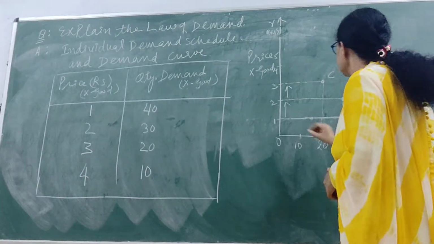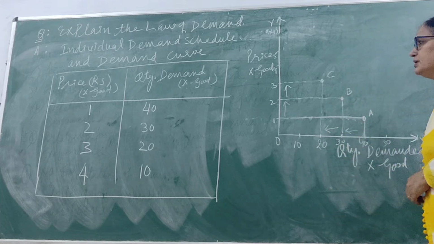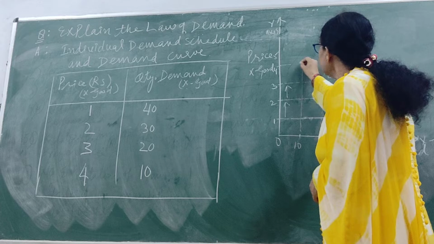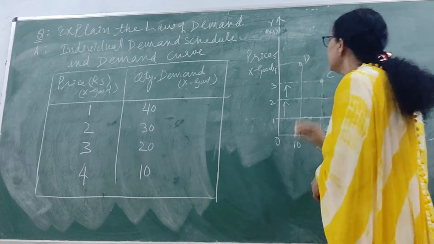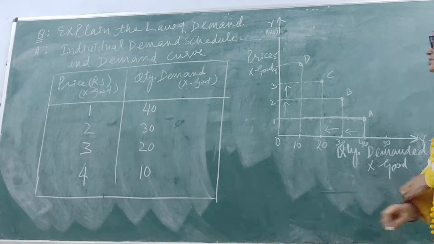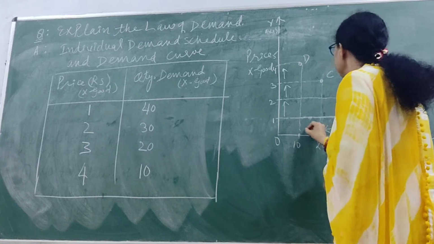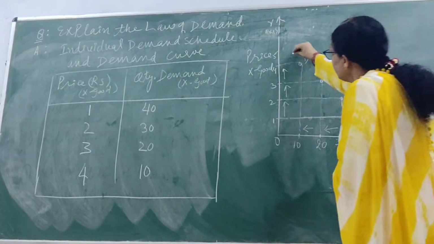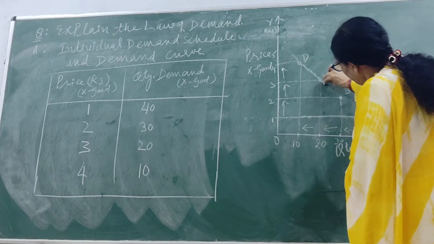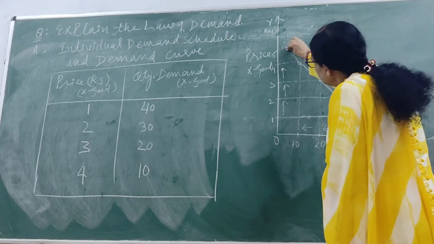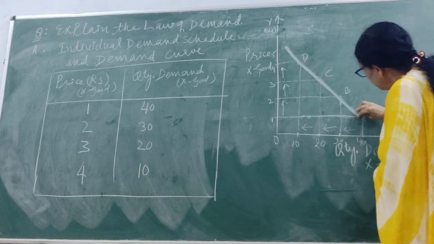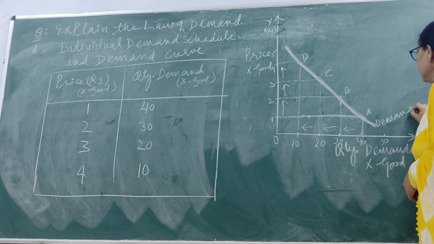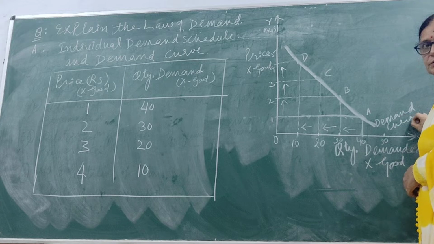Price has increased and demand has fallen. When price rises to ₹4, demand falls to 10. So you get point D. So price rises from 3 to 4 and demand further falls. So by joining these points, you will get a downward sloping curve, and this is called the demand curve.